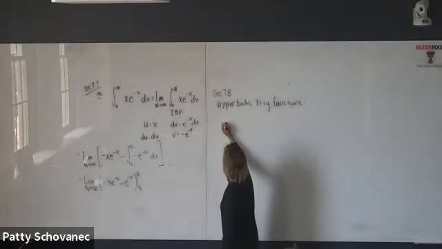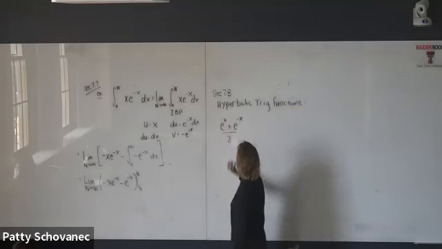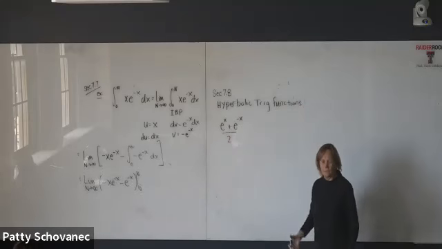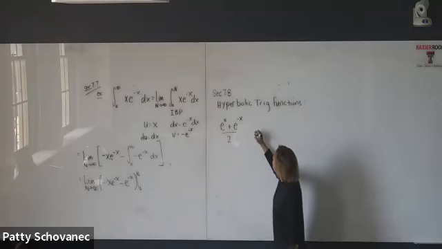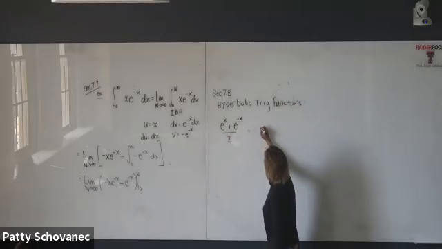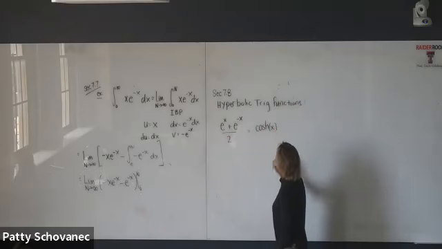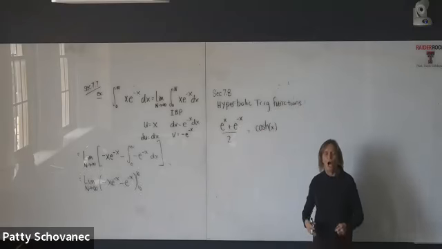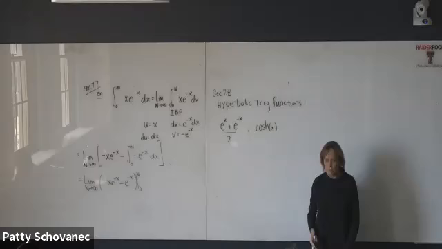The sum e to the x plus e to the negative x, when you average those two, you get a function. And that function is called the hyperbolic cosine. It's written as COSH of x, and you say it as cosh of x.